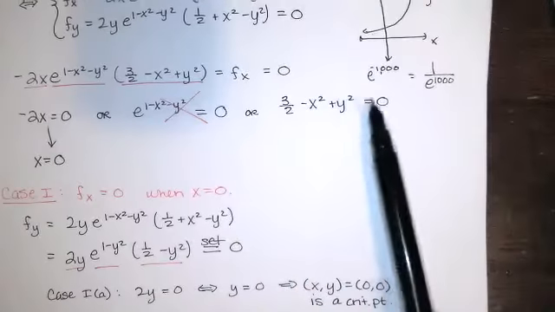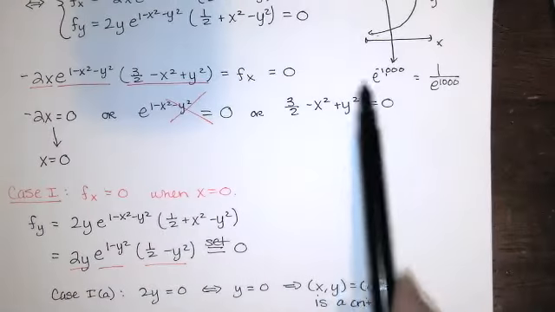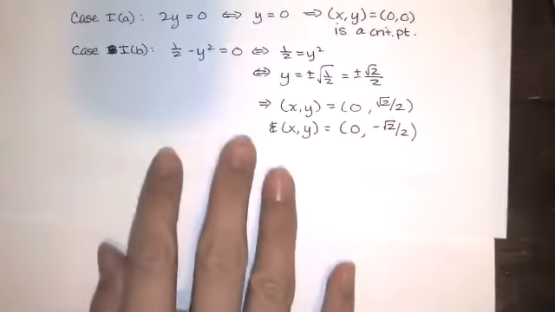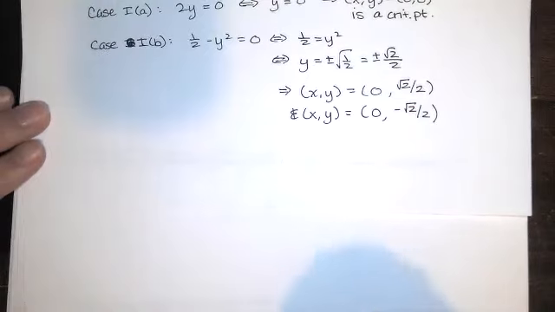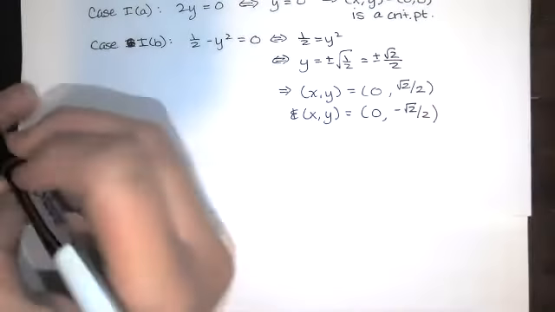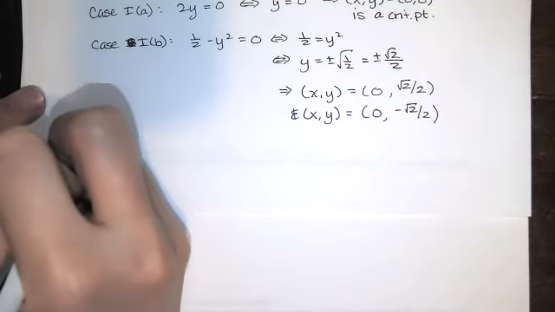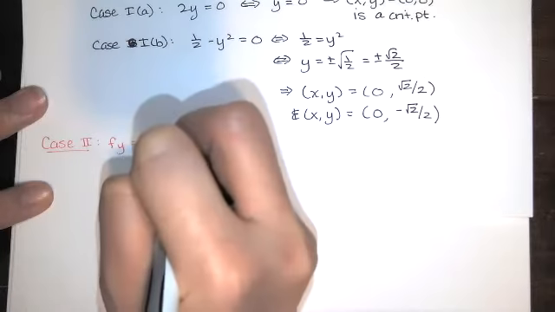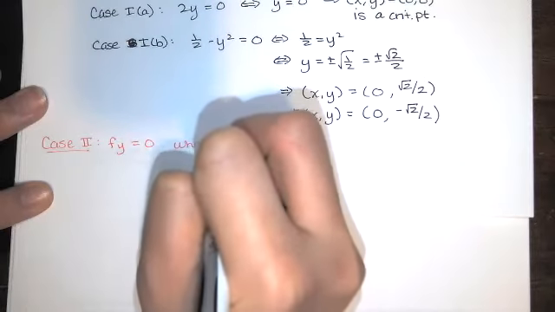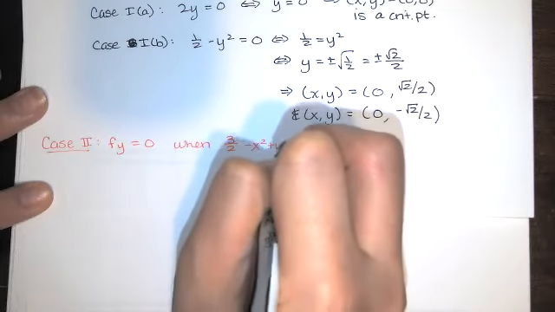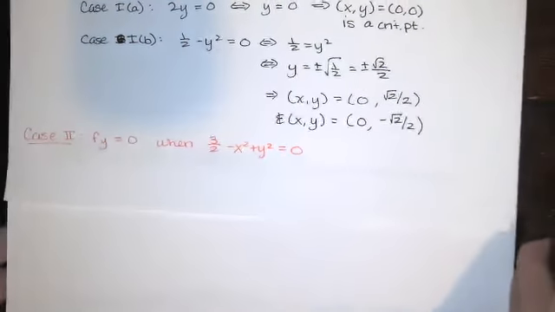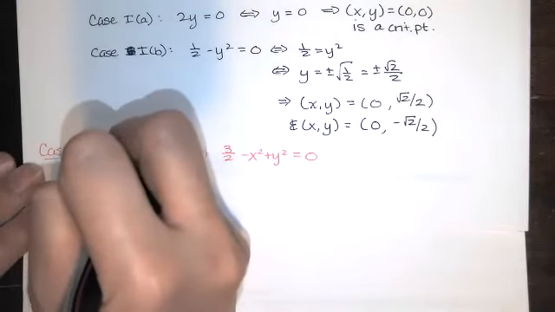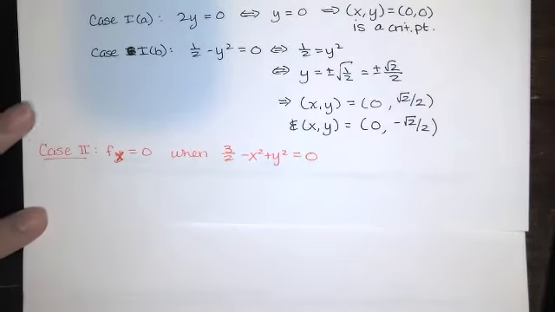Now case 2 occurs when this is equal to 0. This one is a little bit harder, but with algebra, we can still substitute and we'll still be able to solve this. Oh, I wrote this partial of f with respect to x, not y, sorry.